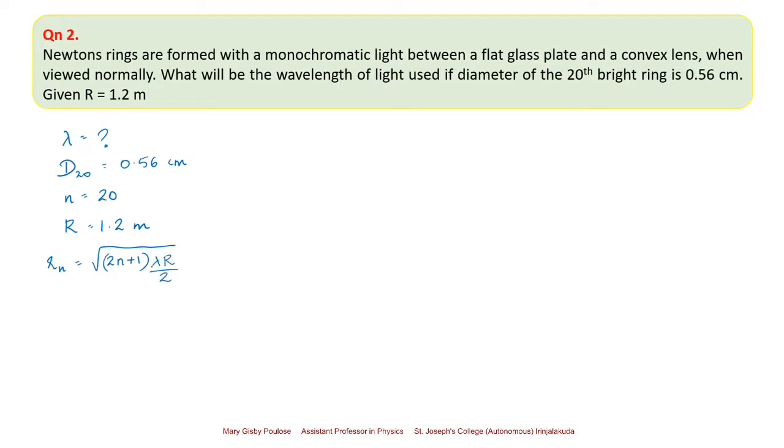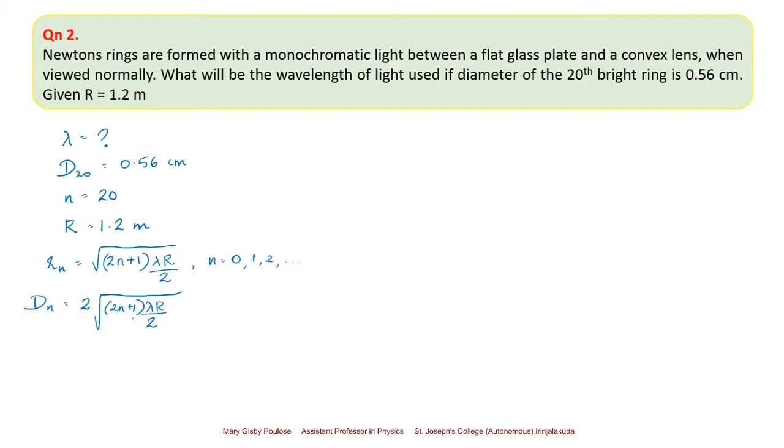Here the values of n will vary from 0, 1, 2, 3, etc. So the expression for the diameter of the nth ring will be twice square root of (2n plus 1) lambda r by 2. Now we need to calculate the wavelength.